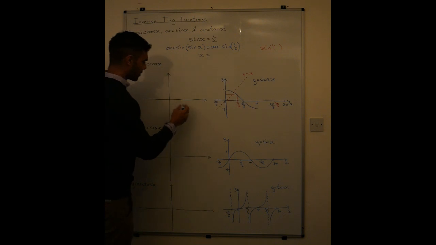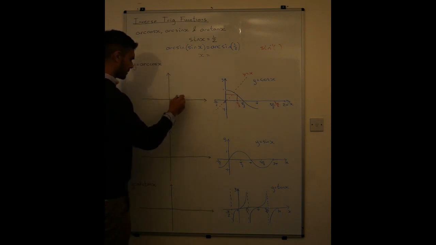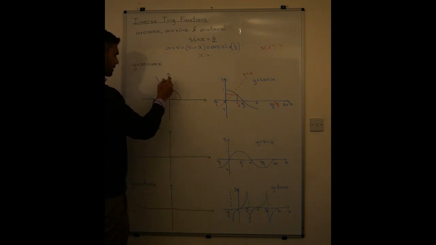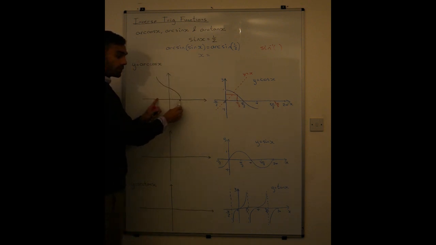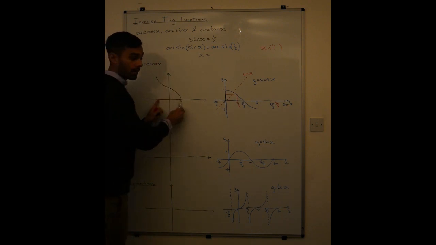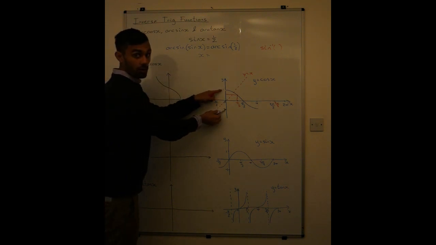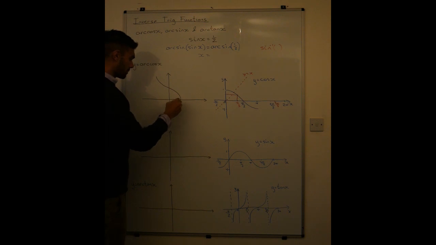So it's quite difficult to do actually, but there we go. Alright, and here we go for arccos. The domain of arccos is the range of the original, so from 1 to -1. It's not quite symmetrical.